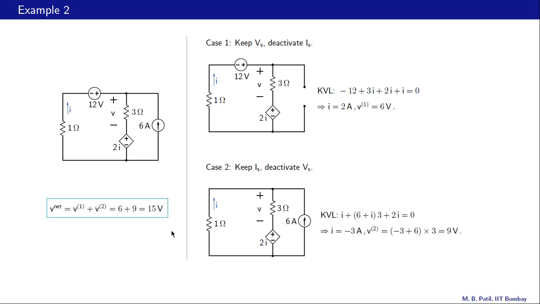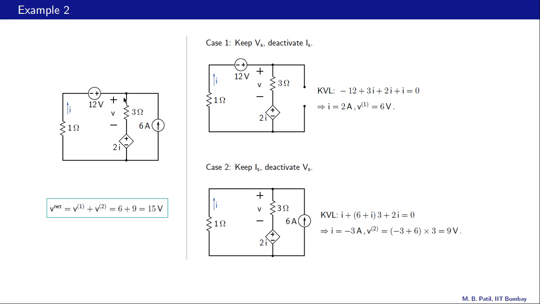How do we know if our solution is correct? There are two ways of verifying that. One, we can find the net quantities. The net current here is I equal to 2 minus 3, that is minus 1 ampere. The net voltage we have already found, that is 15 volts.